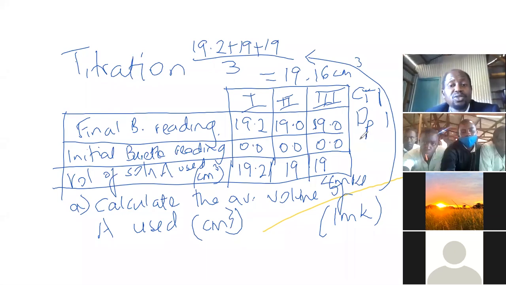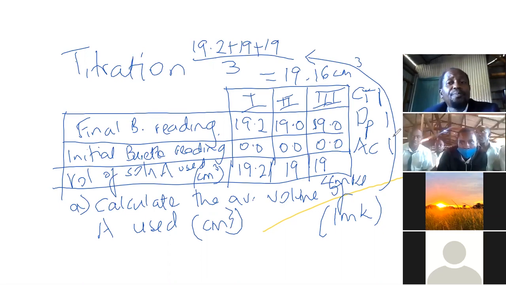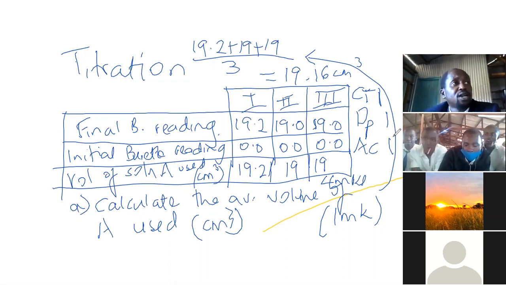Third marking point is called accuracy. 1 mark. Normally, when a titration or any practical is set by the exam council, the teacher in charge of chemistry in a given school performs the experiment and sends his or her values to the exam council.